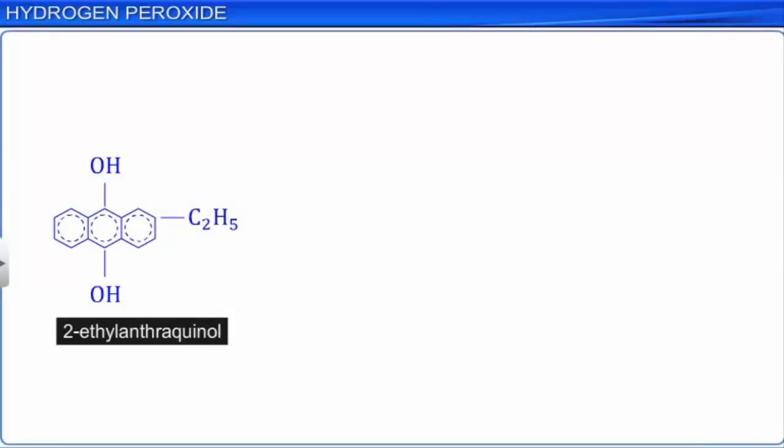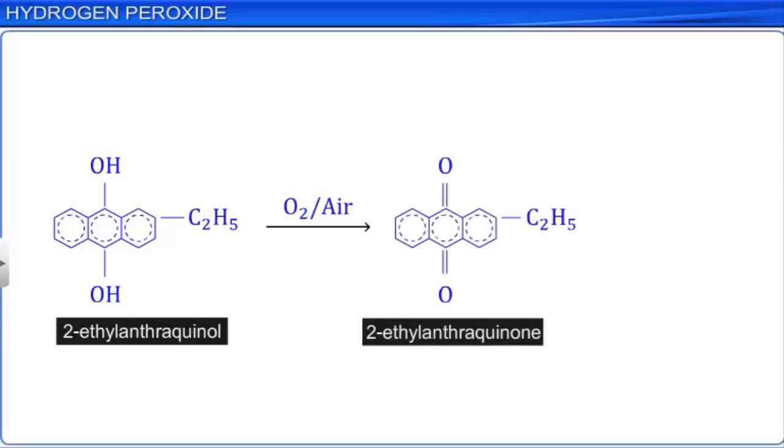Commercially, hydrogen peroxide is prepared by auto-oxidation of 2-ethyl-anthraquinol. First, air is passed through 2-ethyl-anthraquinol to yield 2-ethyl-anthraquinone and hydrogen peroxide. The product, 2-ethyl-anthraquinone, is then reduced.